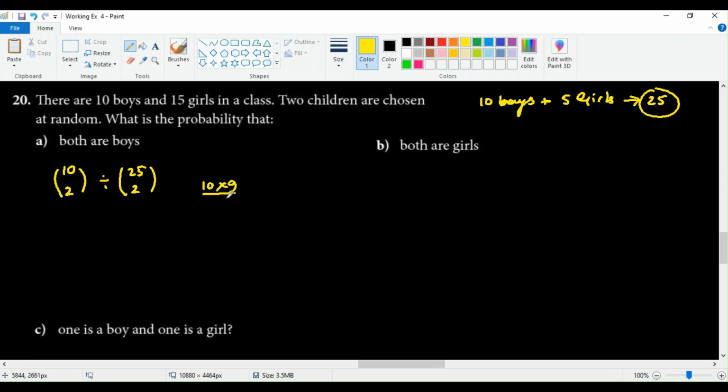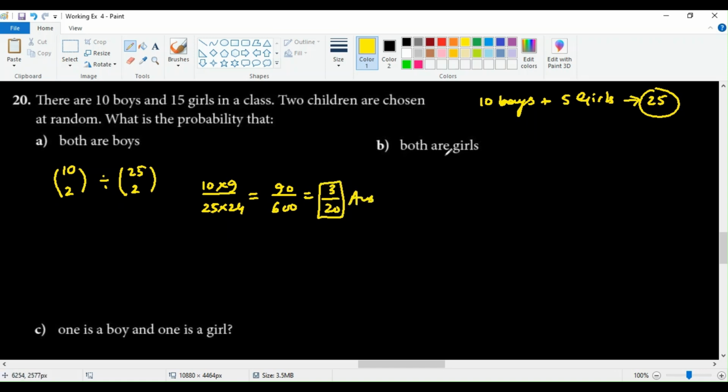And next is going to be divided by 25 choose 2. So this is going to give us 25 times 24. This is going to give us 90 over 600, which is going to be 3 over 20. Answer for this part of the question.